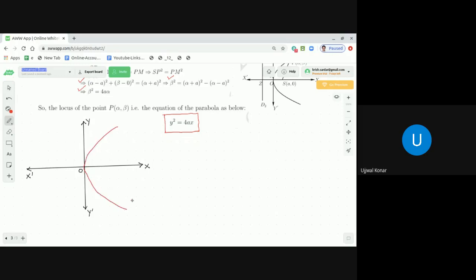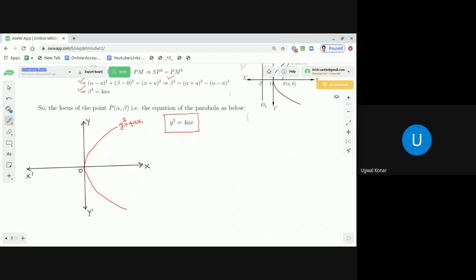So this equation, what you see, dear students, that is y square equal to 4ax. Whatever you see in the red color, the curve I have drawn, that is actually a parabola whose equation is of the form y square equal to 4ax. Then definitely, dear students, in this parabola, the red one I have drawn, what is that?